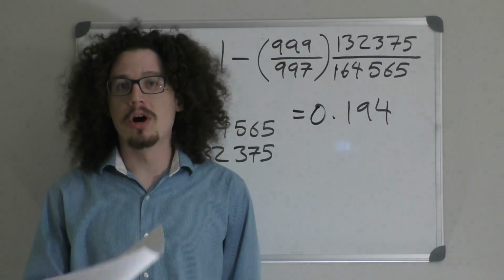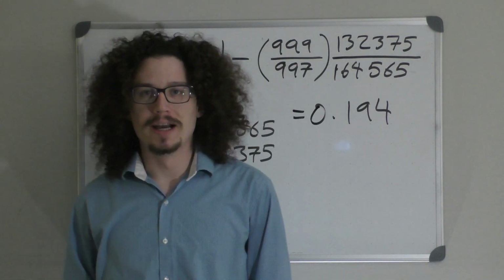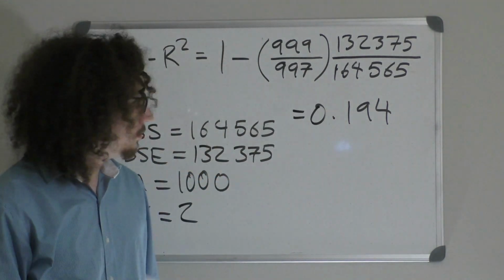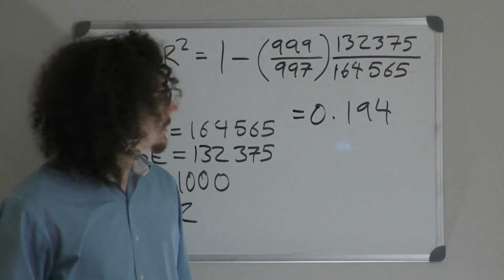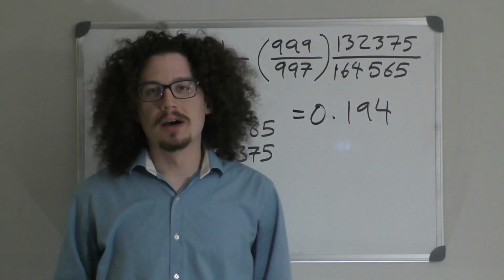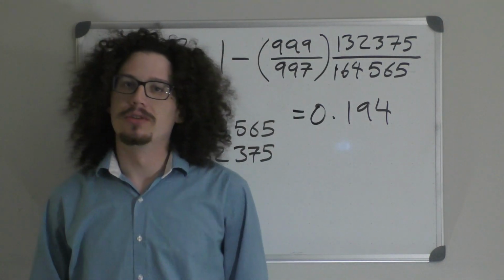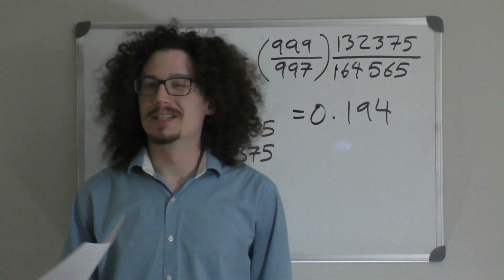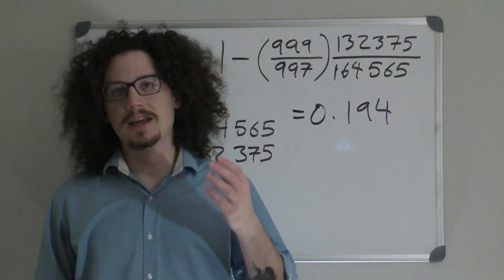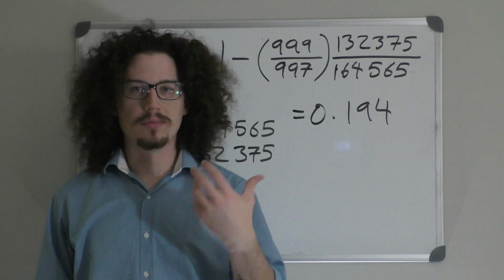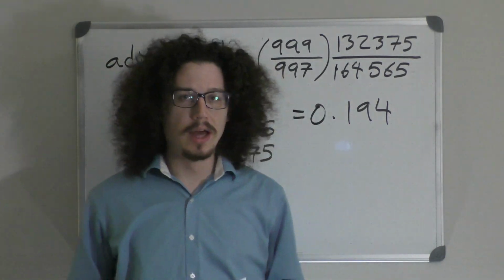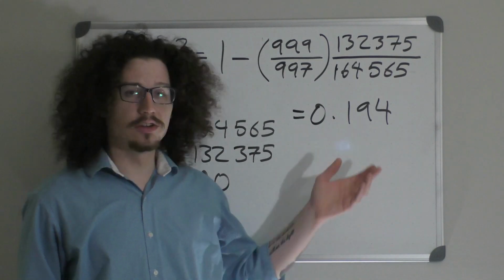All right, so comparing that to our regular R squared of 0.196, it went down a little bit for that extra variable, but you know, it's not that big of a difference. Once you get out and you need to start reporting either the R squared or the adjusted R squared, which one you pick is going to depend on industry standards, kind of what your bosses expect you to report, so on and so forth.